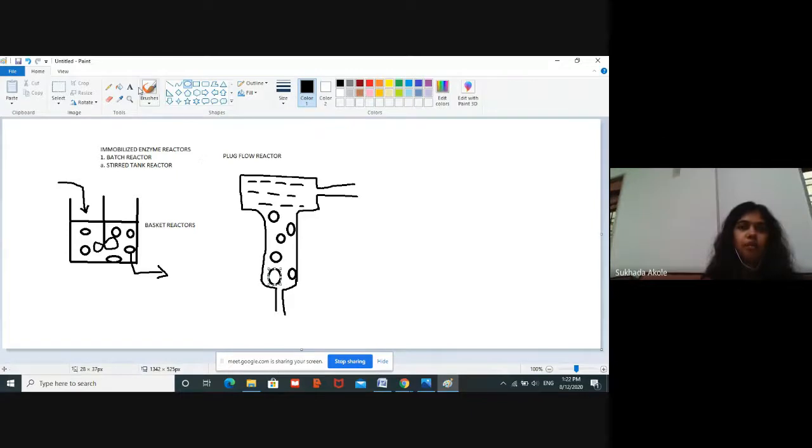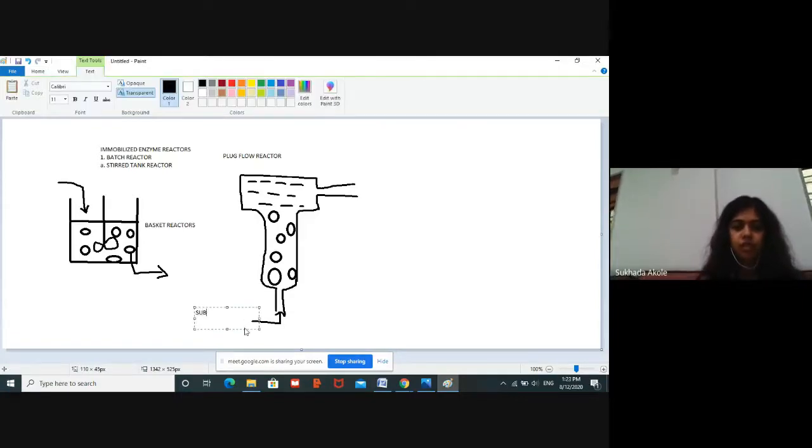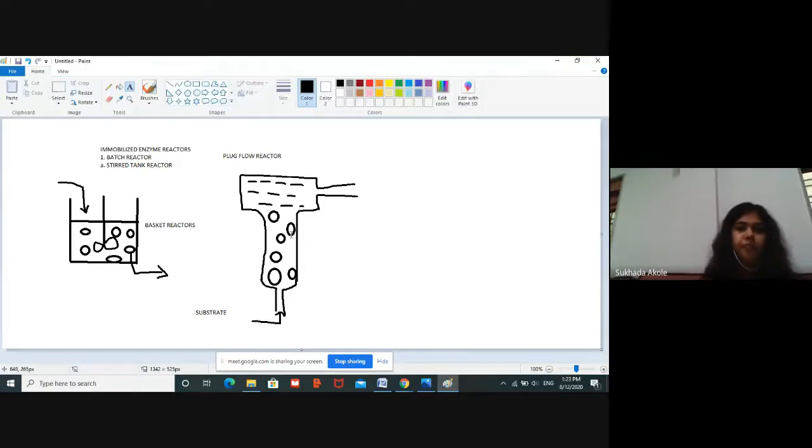So what is happening here is my substrate is going to go this way. So here I have my substrate going in.